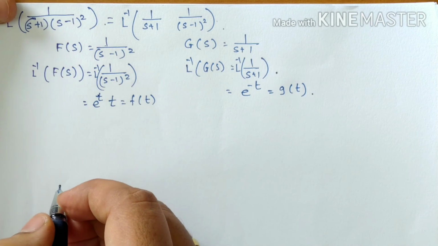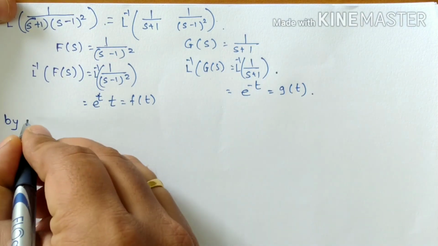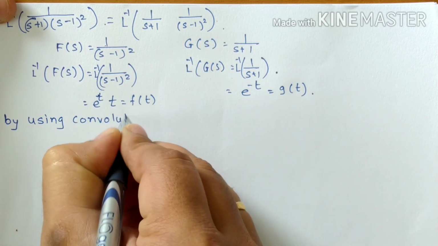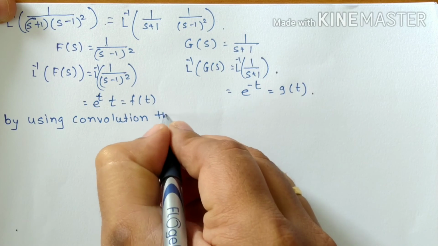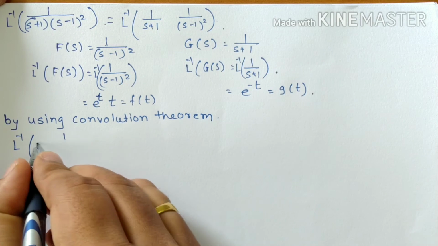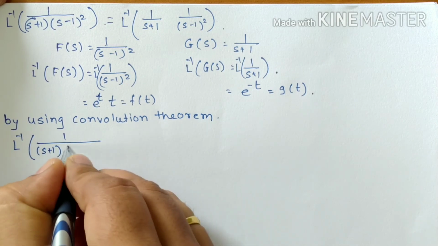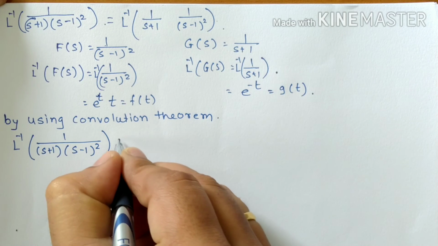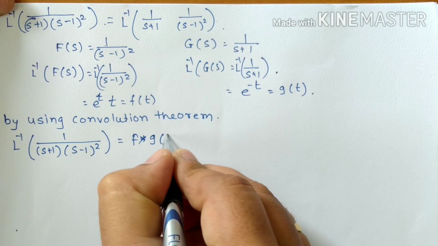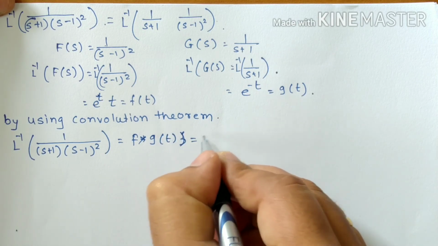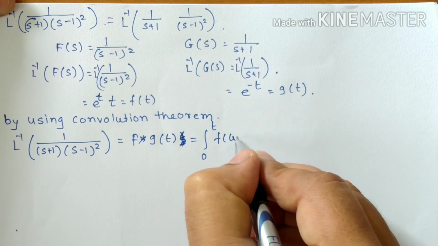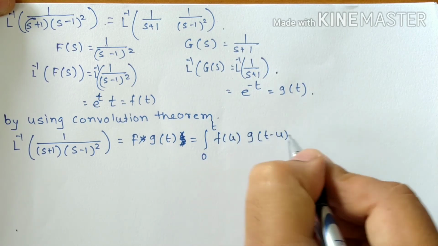Now by using the convolution, inverse Laplace of 1 upon s plus 1 into s minus 1 square is equal to f convolute with g of t, that is integration from 0 to t f of u into g of t minus u.